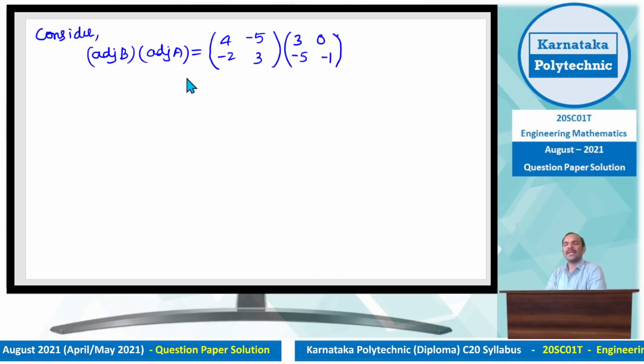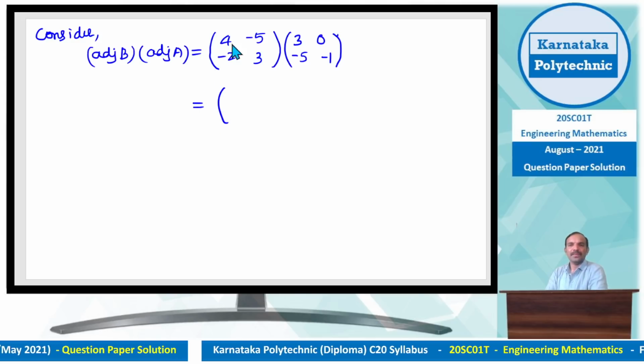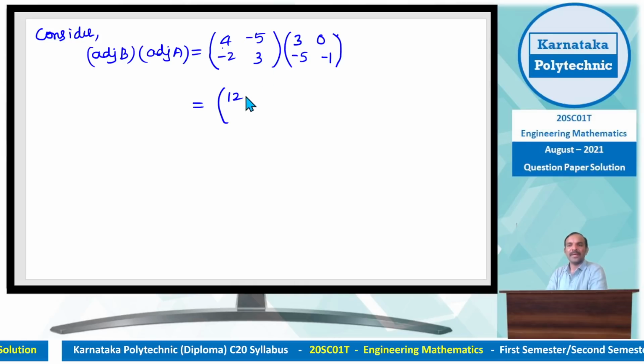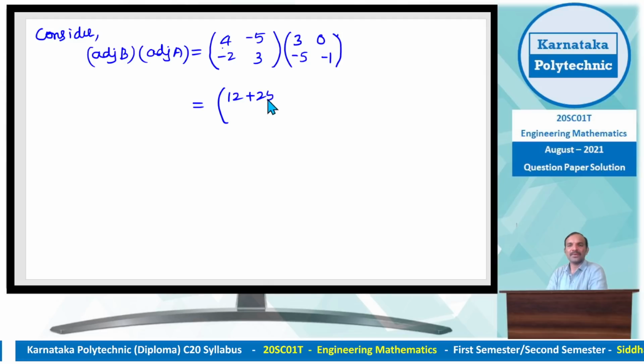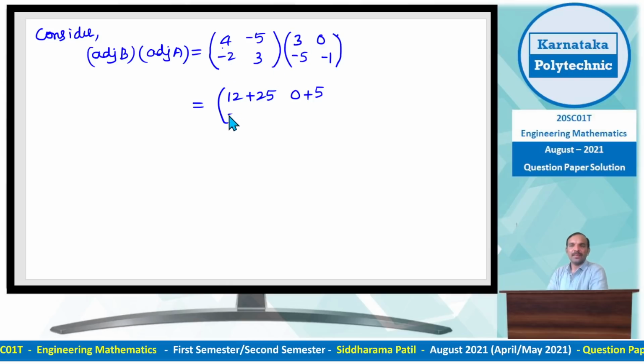Now, what do you do? The product is equal to: first row first column, 4 into 3 is 12, minus into minus plus 25. First row second column: 4 into 0 is 0, minus 5 into 1, plus 5. Next, second row first column: minus 2 into 3 is minus 6, 3 into minus 5 is minus 15.